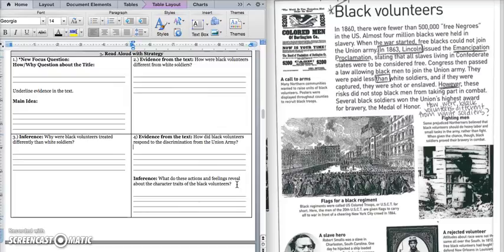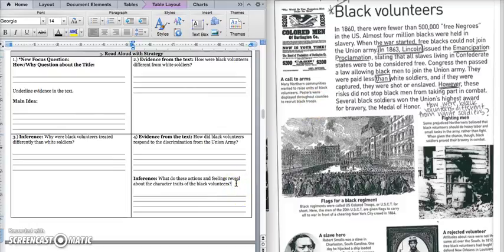Let's get to this last question in box 4. What do these actions and feelings reveal about the character traits of the black volunteers? So we already know that they were brave because our text tells us, but let's think a little deeper about what they are like.